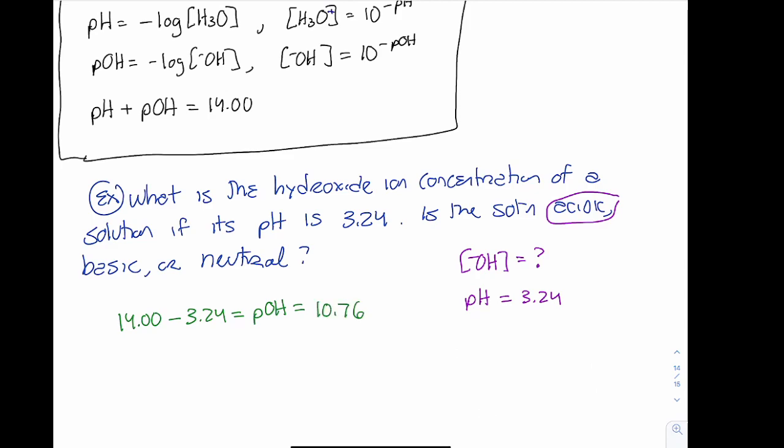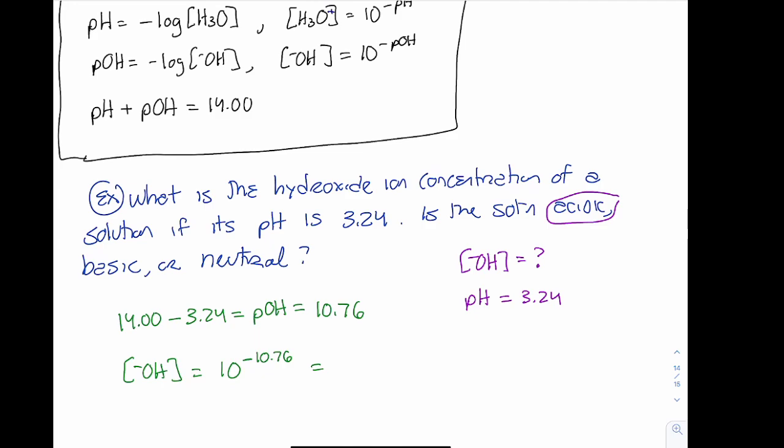And then once I have that value, my hydroxide ion concentration is going to be 10 raised to the negative of that. So calculator again. Make sure you type in that negative.